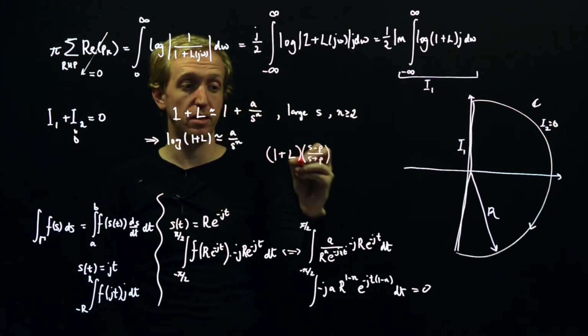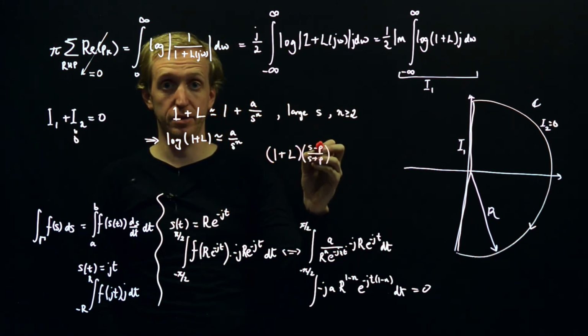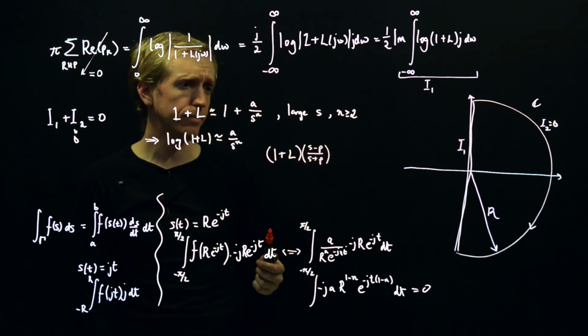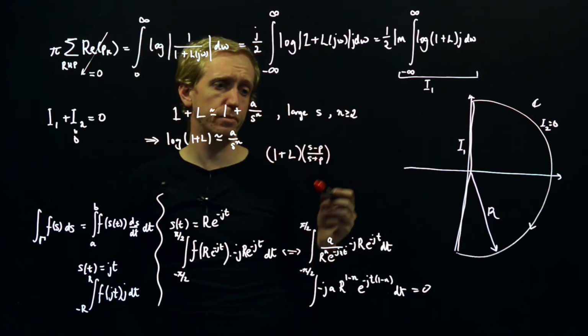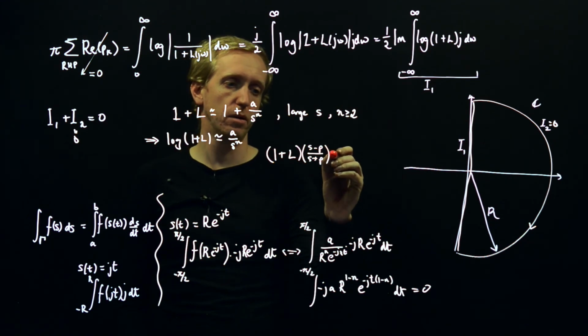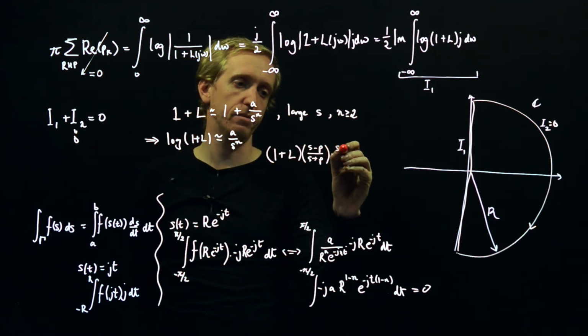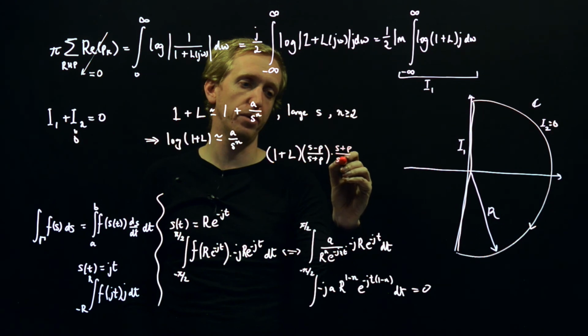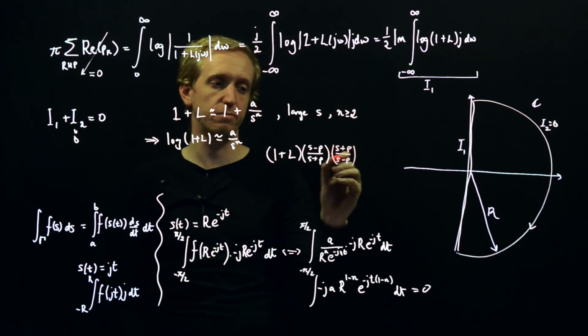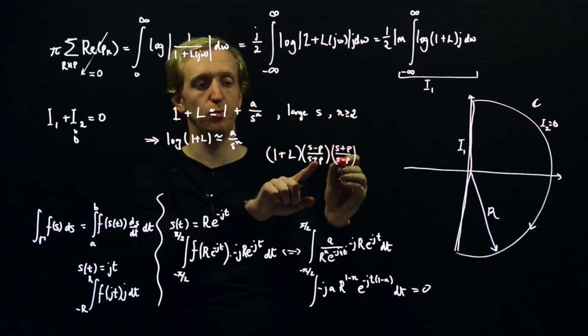And you need one term for every unstable pole. So you multiply the whole thing by 2 terms like this, 1 for each pole. So this is just equal to 1.